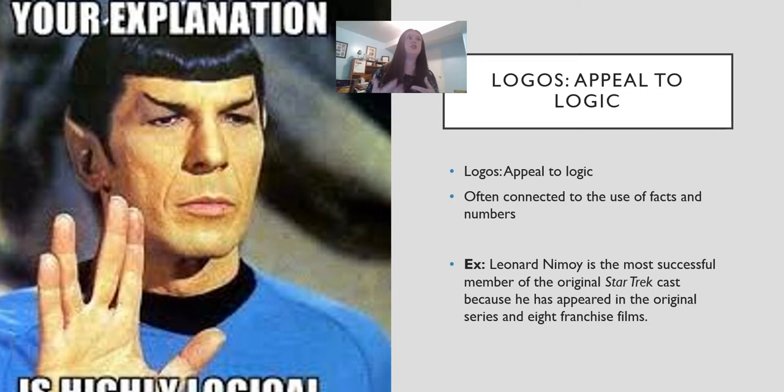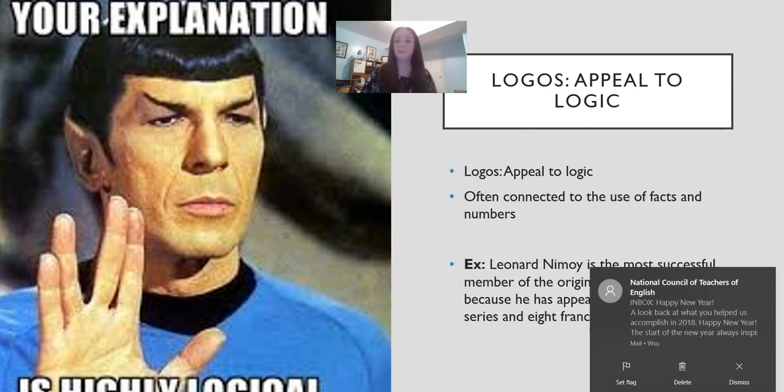So again, you can certainly go through and explore logos in greater detail, look at things like inductive and deductive reasoning. But a lot of those concepts are better reserved for more of a philosophy class or more of a strictly rhetoric class. But for the purpose of English 2010, we are going to frame it as its appeal to logic through, again, facts and statistics and the more quantifiable data.